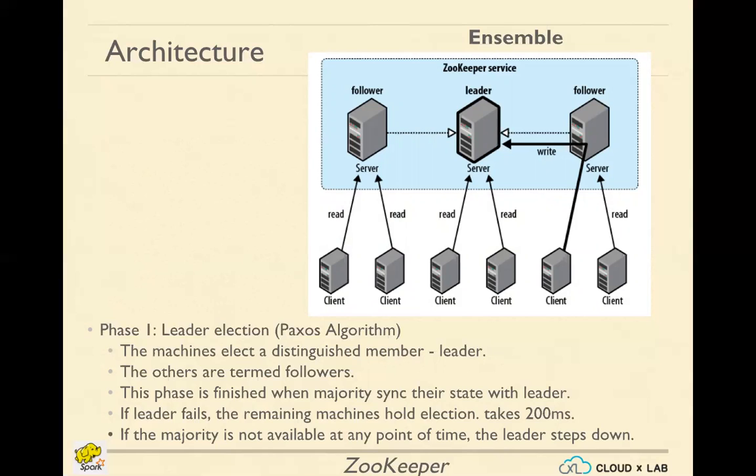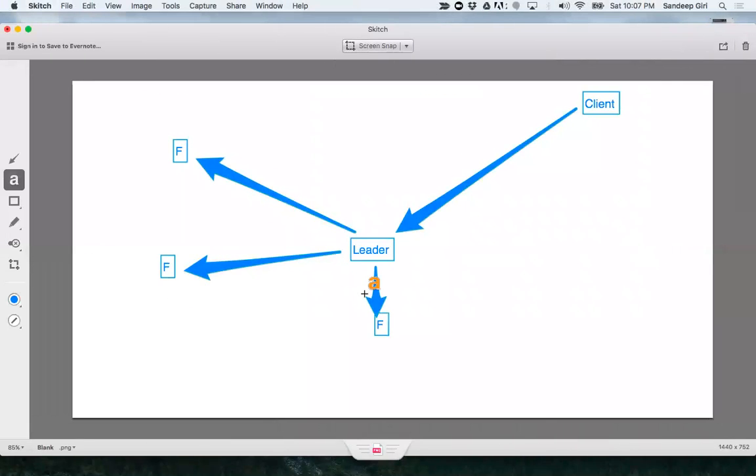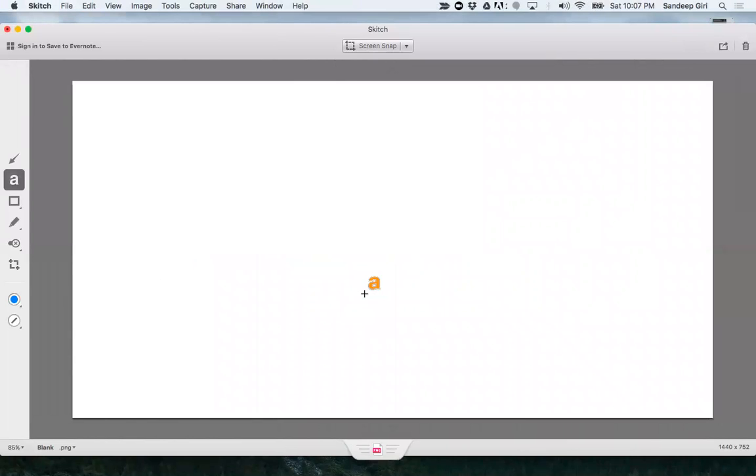And what we are discussing right now is an architecture of how Zookeeper is able to provide huge coordination amongst many machines. Okay, so if we have to build the problem which we started with, what would we do?